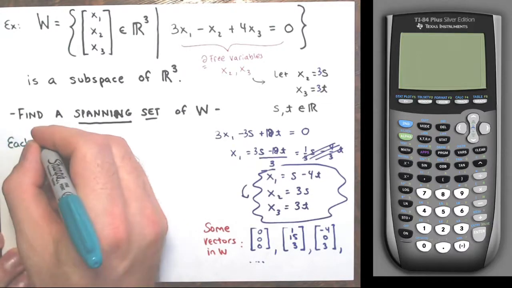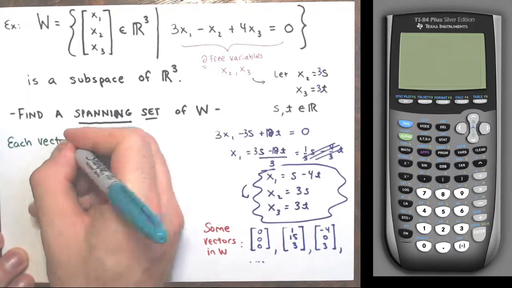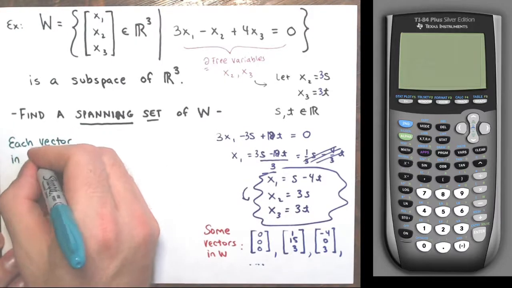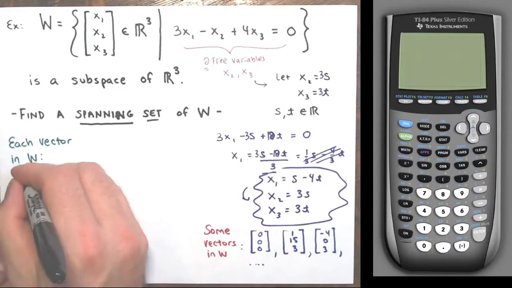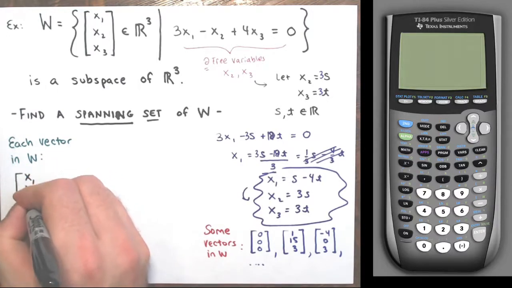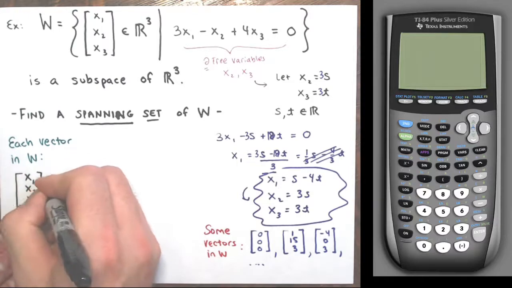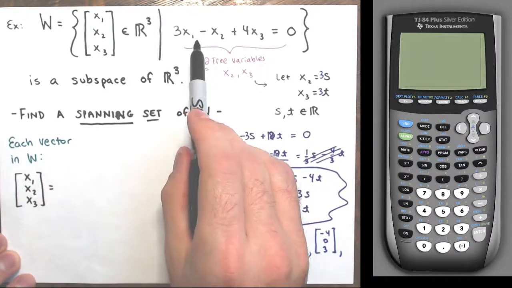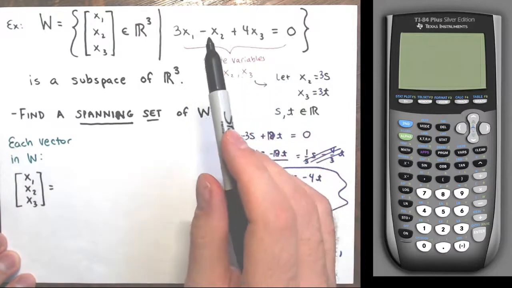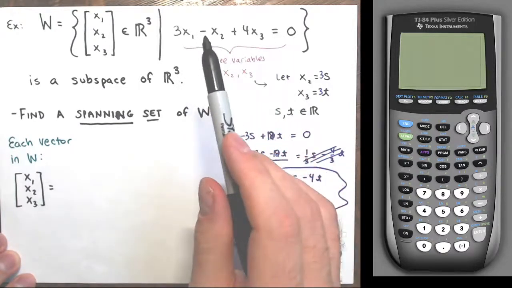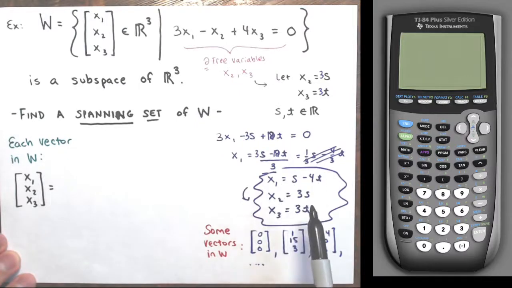Each vector in W looks like the following. You have x1, x2, x3, but as I mentioned, these components have to satisfy this equation, and I showed you that when they satisfy this equation, they'll take on these forms here.